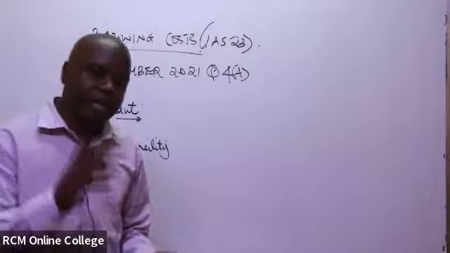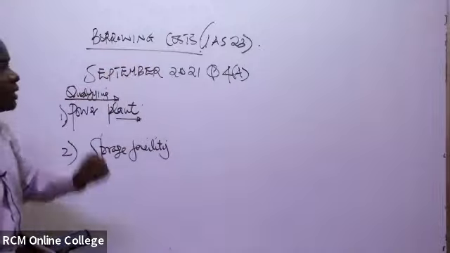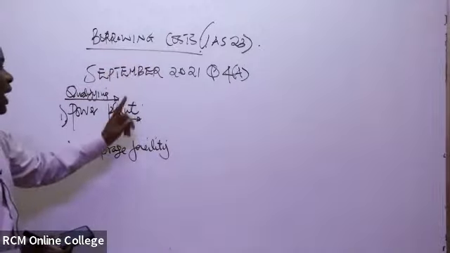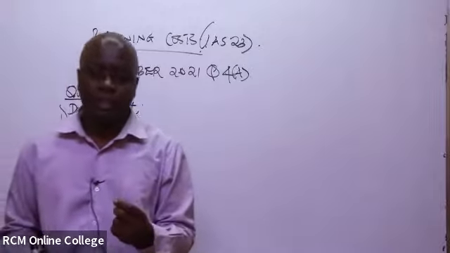So if we have a situation where a borrowing cost has been incurred and a qualifying asset has been financed by two loans, you have to determine the capitalization rate.